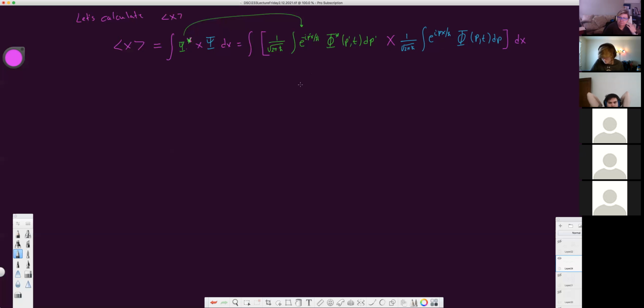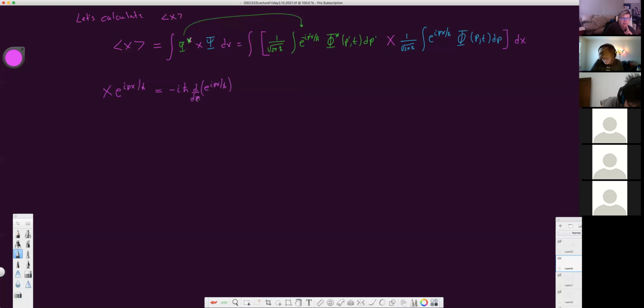Okay, so we now have these two Fourier transforms here that we now have to deal with, because we're trying to convert to momentum space. All right, but I want you to notice something. Notice that x times e to the i px over h bar, we can write as this, minus i h bar d dp of e to the i px over h bar, right?